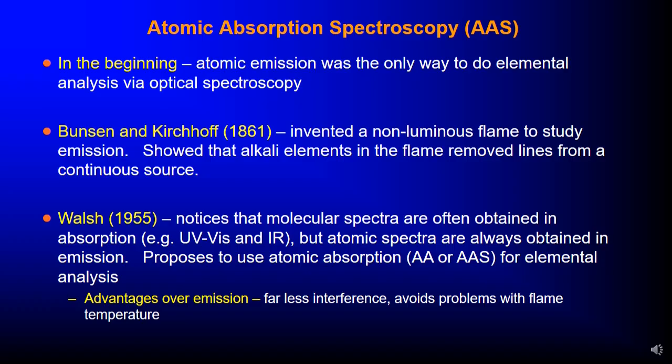Then Walsh noticed that molecular spectra are often obtained in absorption, but atomic spectra are always obtained in emission, and proposed to use atomic absorption for elemental analysis. So, advantages over emission: far less interference, and it avoids the problem with flame temperature.